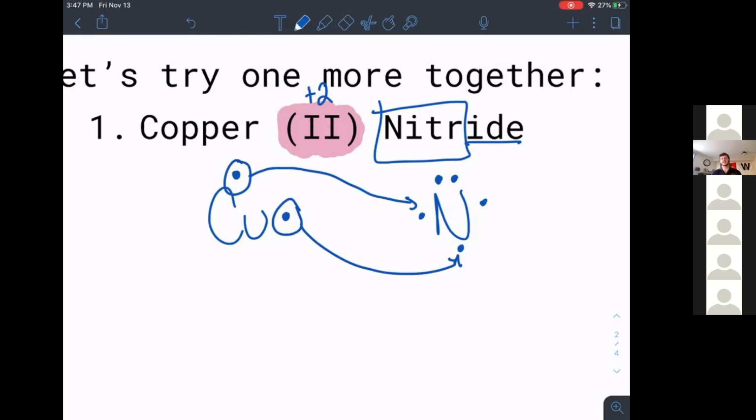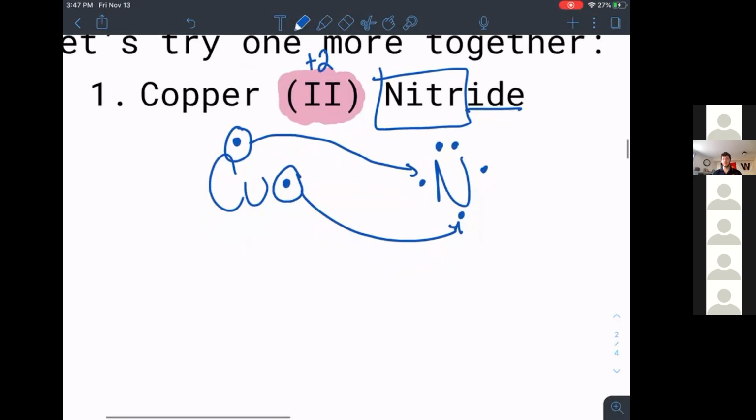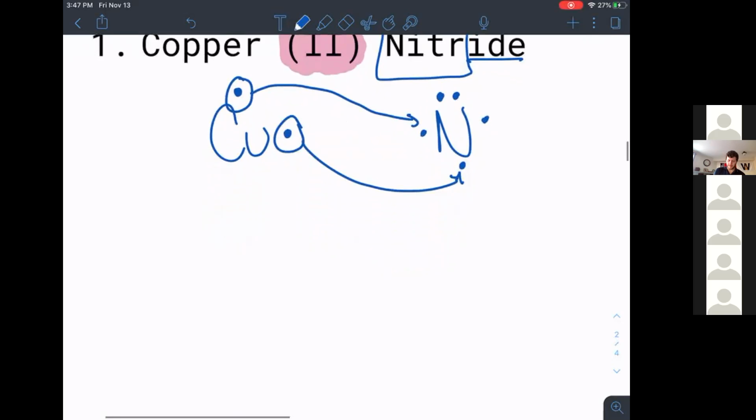Is my copper stable and happy now? Yes. Is my nitrogen stable and happy? No. So what do I have to do? Add another copper. Perfect. So I'm going to add a second copper. And now what's going to happen?